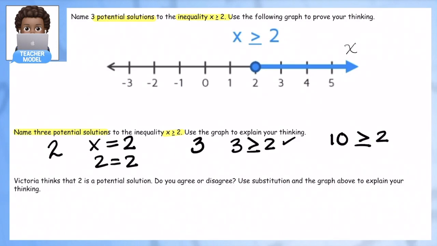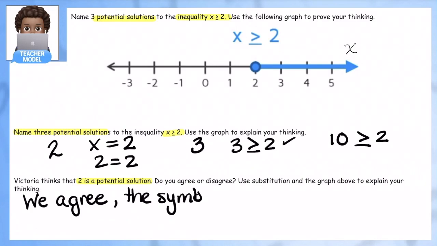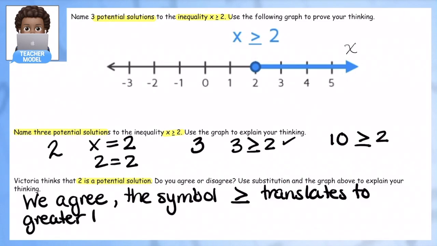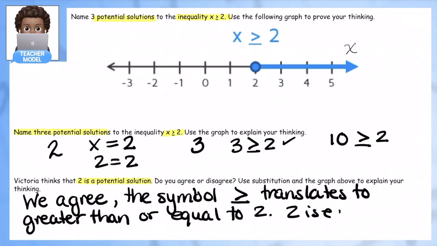So let's look at the next part. Victoria thinks that 2 is a potential solution. Do you agree or disagree? Yes, we agree. We already actually used that one. The symbol, like this, translates to greater than or equal to 2. 2 is equal to 2.